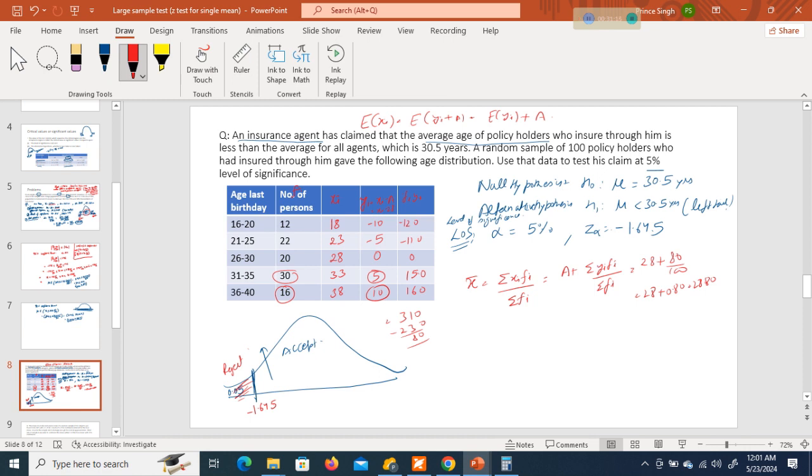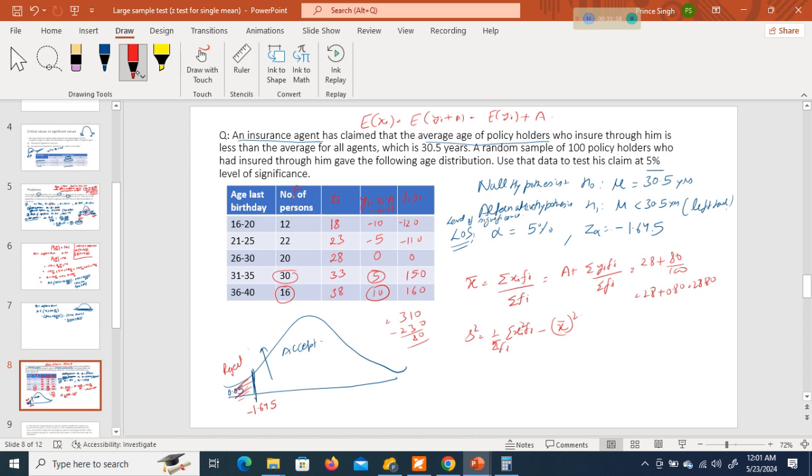So for S square, that is the sample variance, we need to use the formula 1 upon n summation fi xi square, that is summation fi xi square upon summation fi, minus x bar square, right?